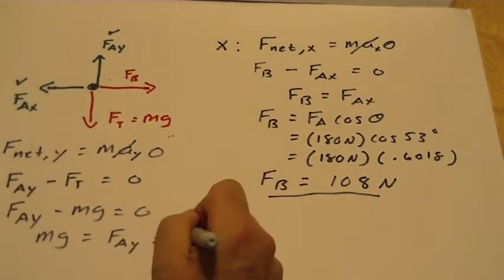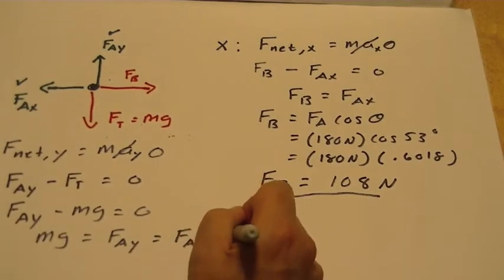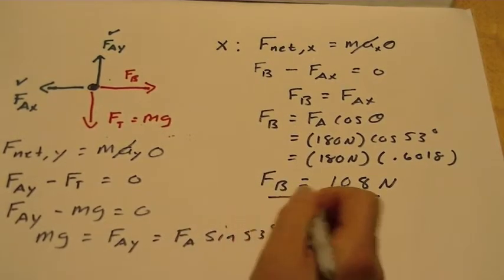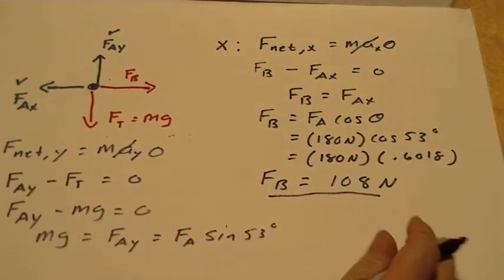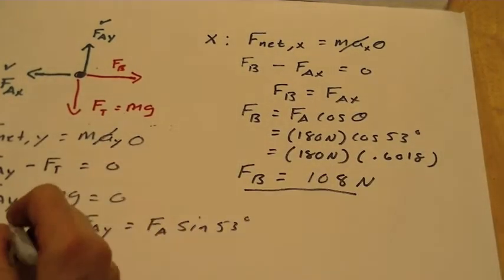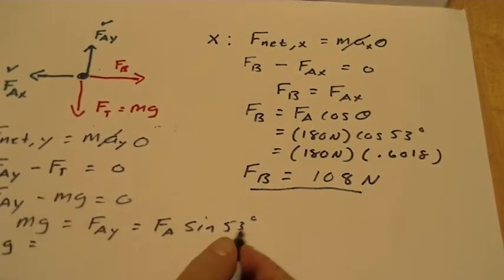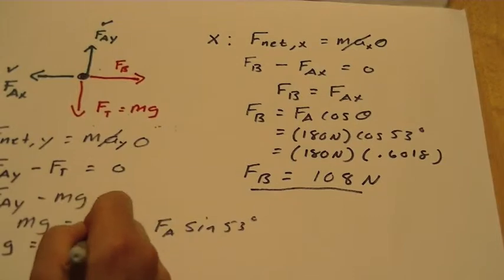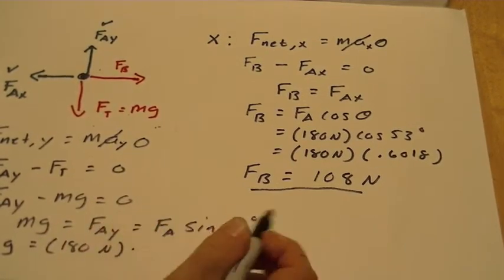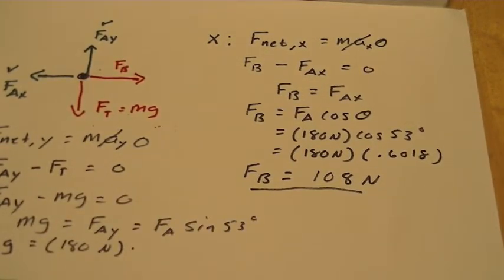But this was equal to Fa sine 53 degrees. So we have that the mass times gravity for the hanging mass is equal to 180 newtons times, and again, I'll go to the calculator to check for the sine of 53 degrees.